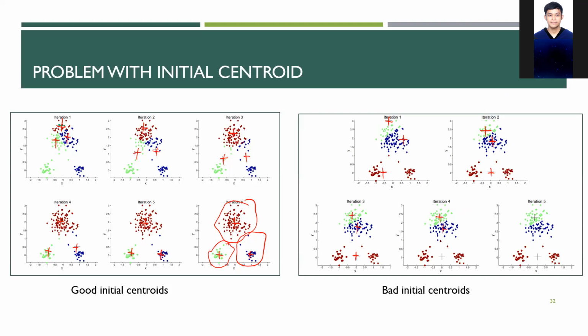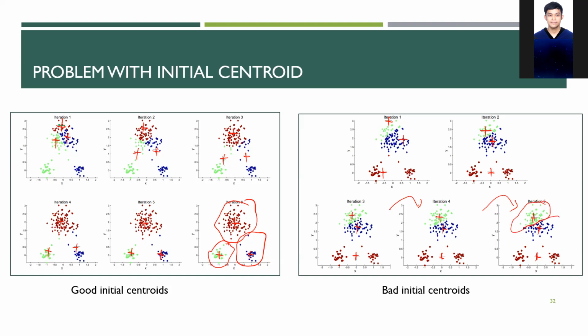Iteration 4 and iteration 5 are also still around here. The algorithm only calculates differences between the new and old cluster. So you can see that from iteration 3 to 4, and 4 to 5, the centroid locations don't change, and so they stop.